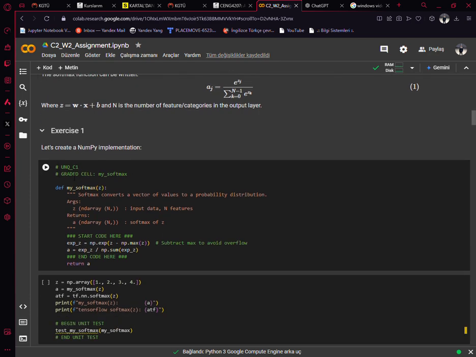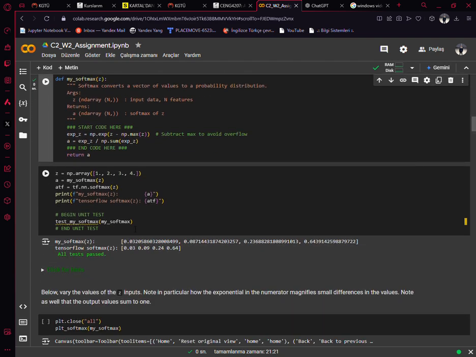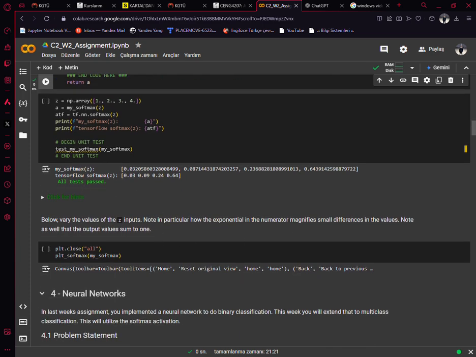I'm running this code block, and all tests passed. In terms of parameters, this layer has 10,025 parameters.